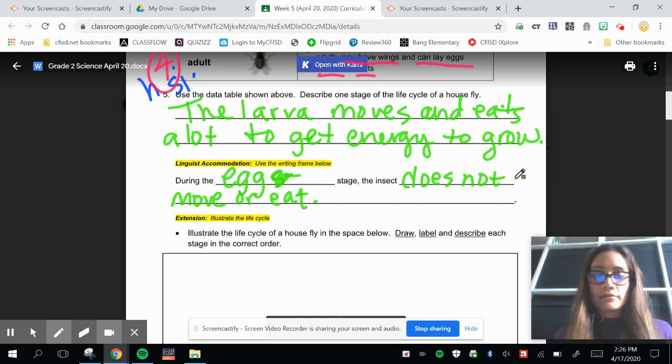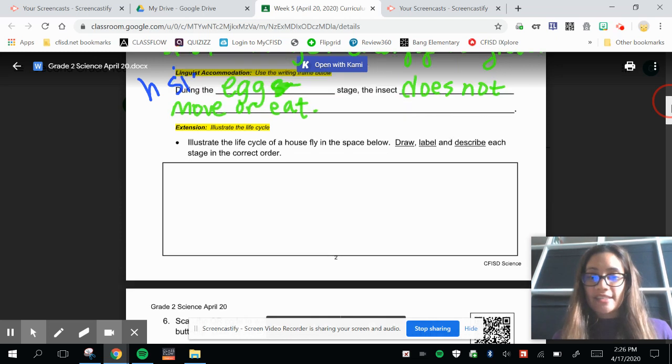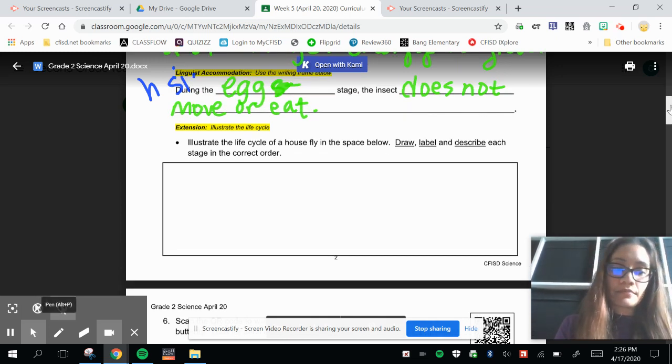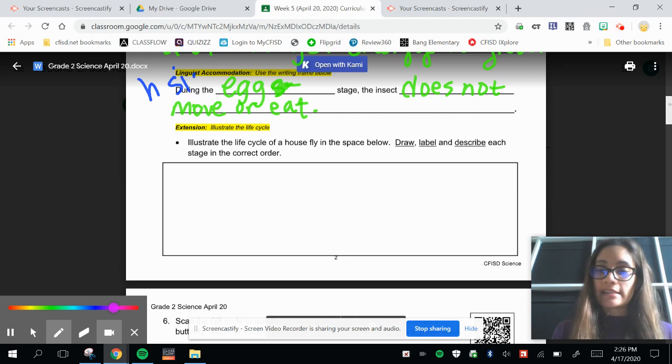Then down below, just because I love you guys, I'm going to draw the life cycle of a housefly for you. I am not going to attempt to draw a housefly because I'm not really good at drawing insects. And plus, I don't like houseflies that much.